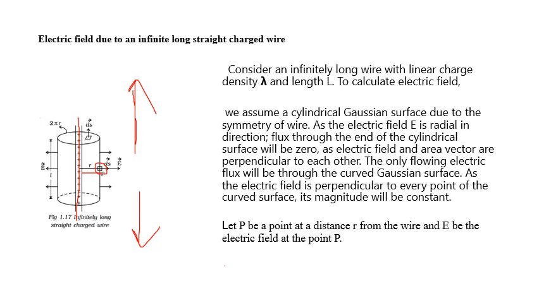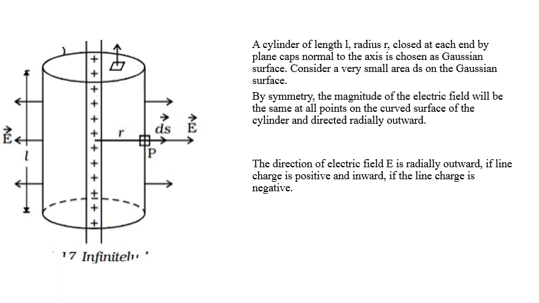If you are taking this case and the point is at a distance of R, then you can consider a cylinder about this. Here we have assumed a cylinder of length L and radius R, closed at each end by plane caps normal to the axis, chosen as Gaussian surface.